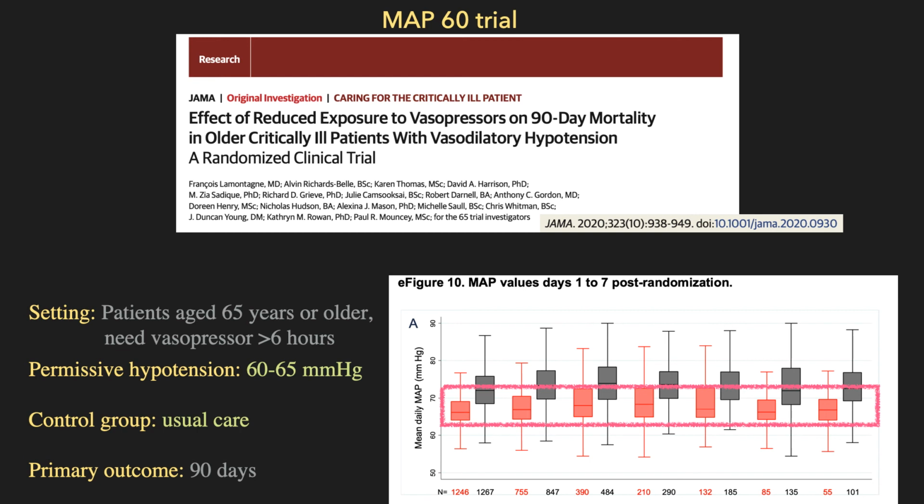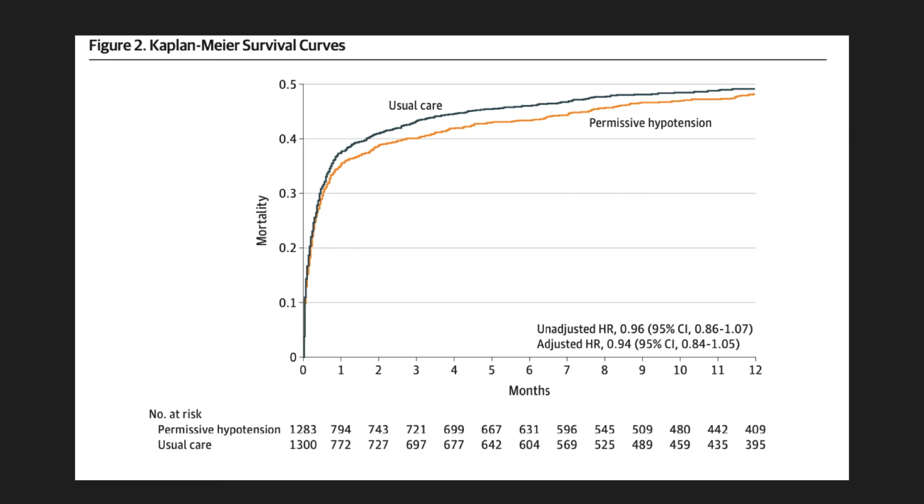So that is again an example of having a goal in the trial, but in reality, the MAP of the patients is different from the trial design. And as you can see here in the Kaplan-Meier survival curve, there's no mortality difference between these two groups. Also, I didn't include in my slide that there's really no difference in the need for hemodialysis.